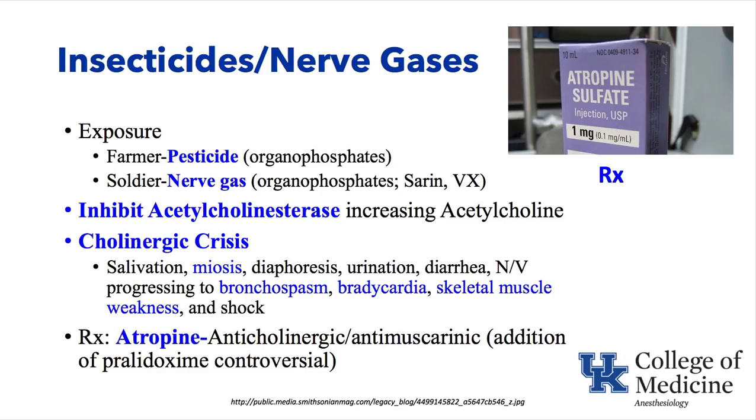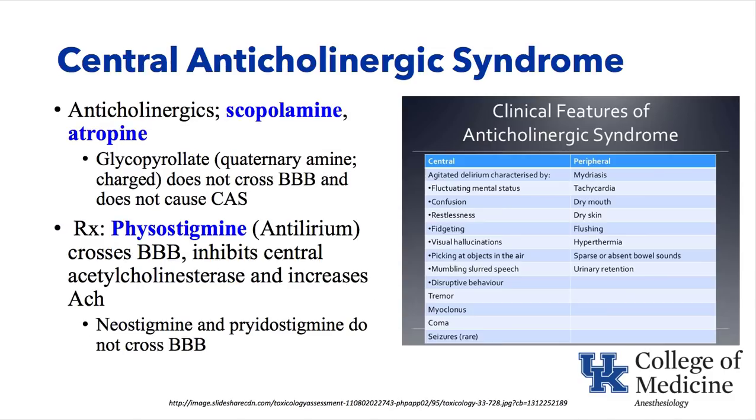So therefore the picture of atropine up at the far right as the treatment for these two. Occasionally pralidoxime is used in an attempt to remove the poison from the acetylcholinesterase, but it's controversial whether it's very effective or not. Atropine is the classic treatment for insecticide and nerve gas poisoning.